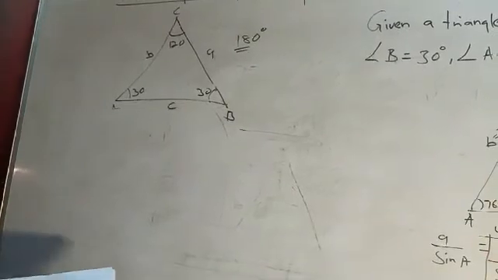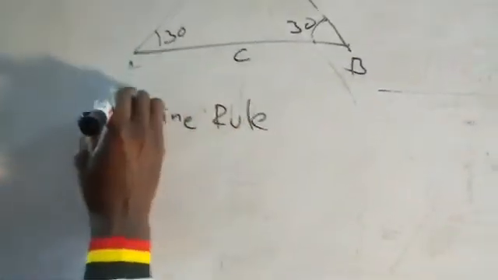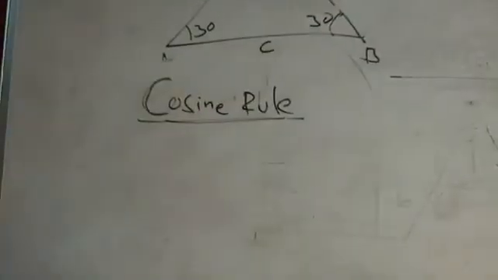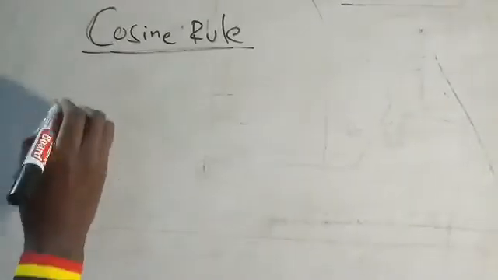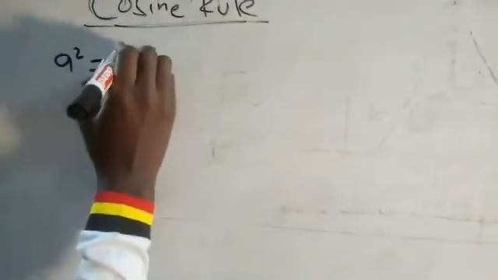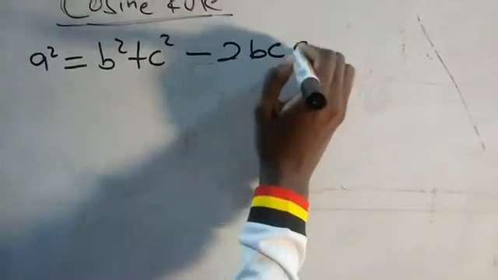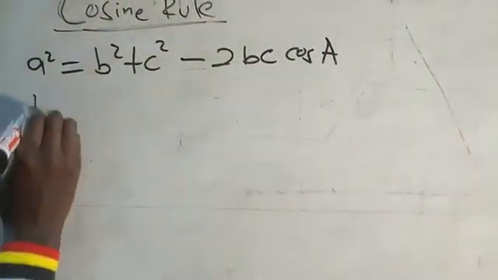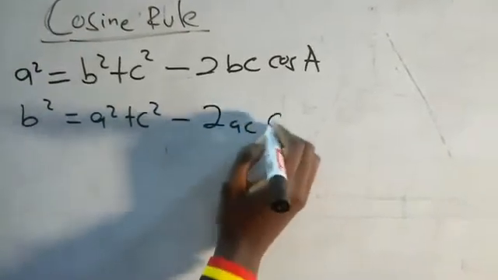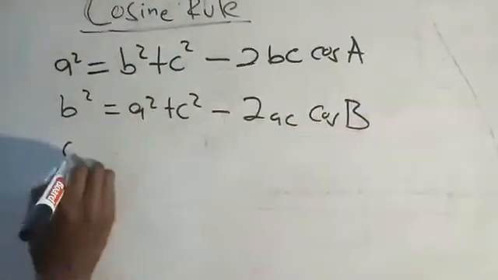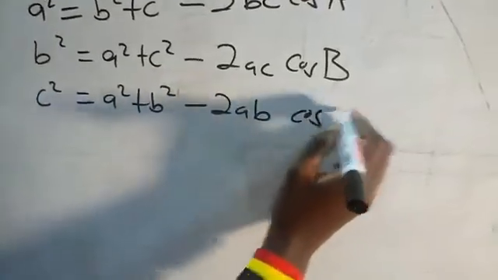The cosine rule states like this: a squared equals b squared plus c squared minus 2bc cos A, and b squared equals a squared plus c squared minus 2ac cos B, and c squared equals a squared plus b squared minus 2ab cos C.